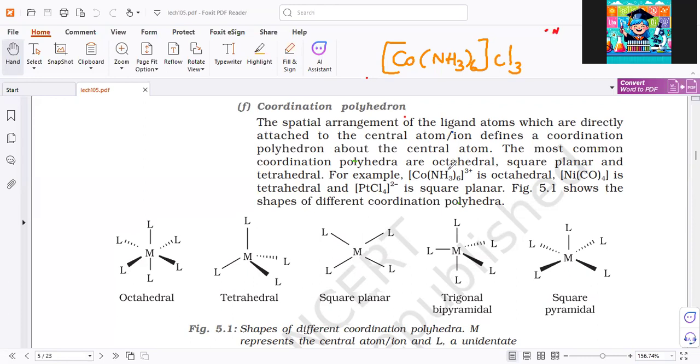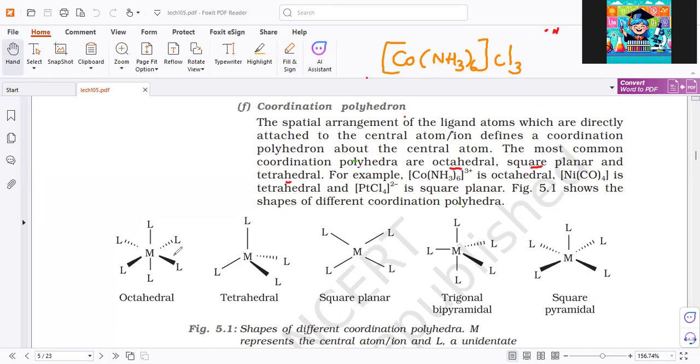The most commonly observed polyhedra are octahedral, square planar, and tetrahedral. For example, this cobalt hexammine complex has a structure known as octahedral.